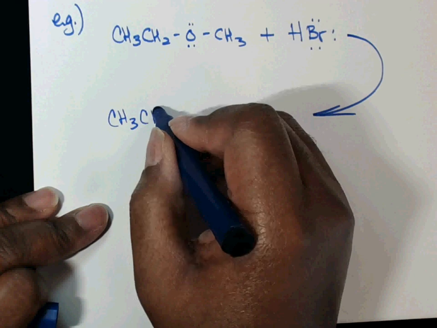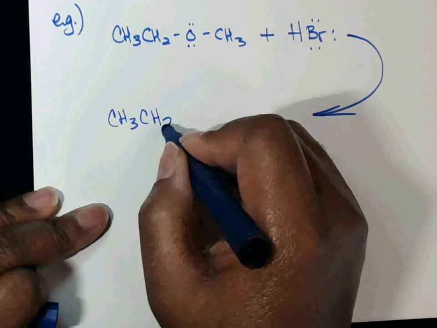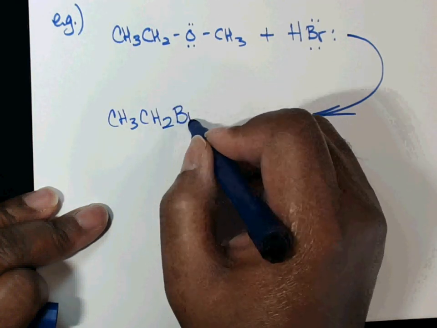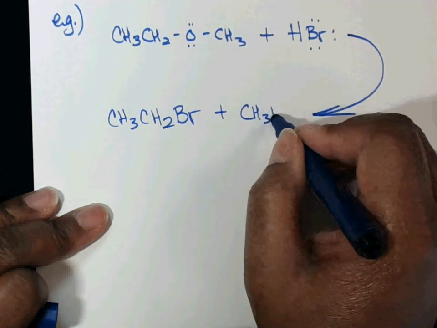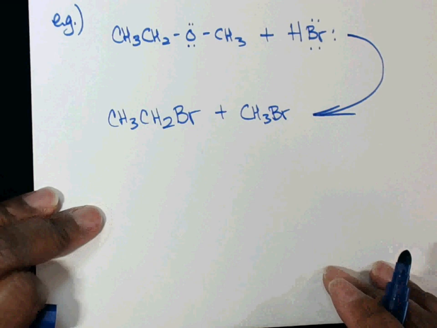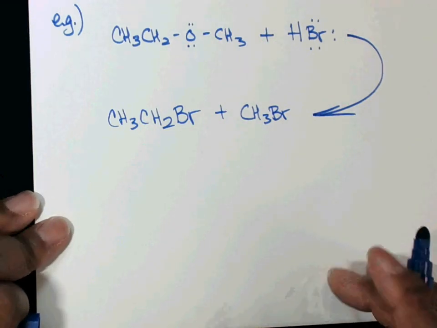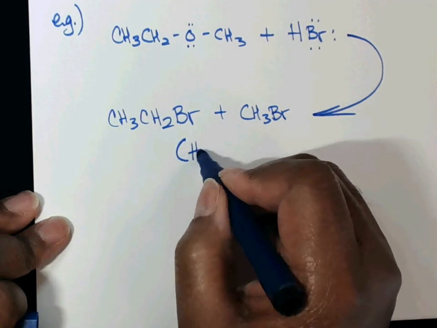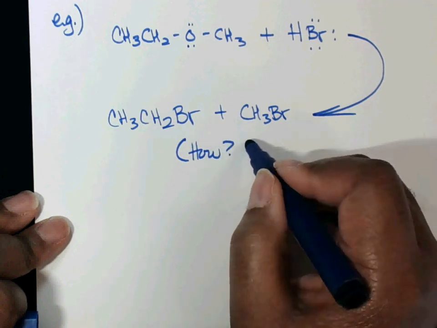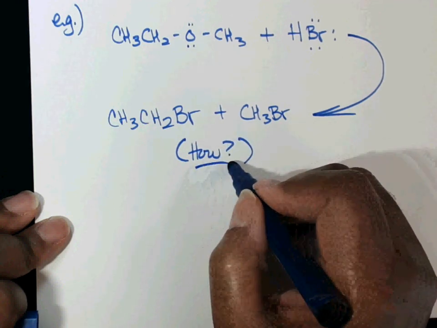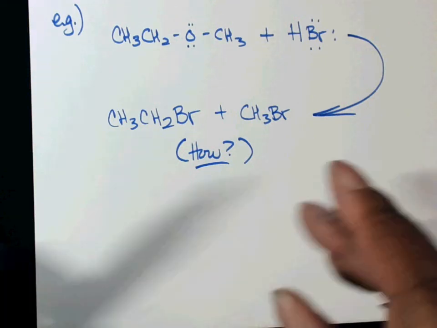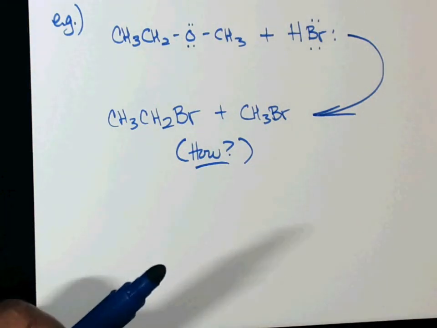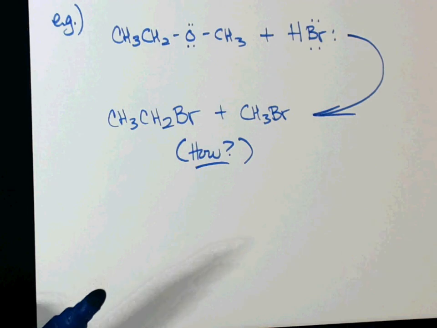I'm going to get ethyl bromide and methyl bromide. How? Okay, let's look at the mechanism for this, shall we?